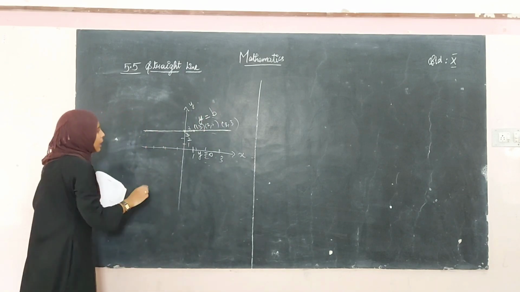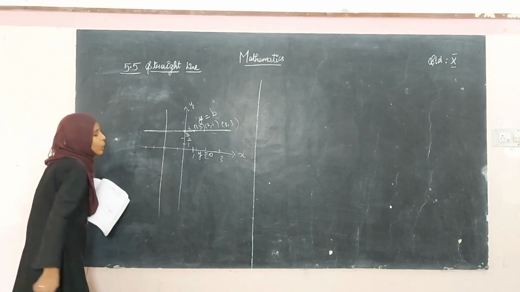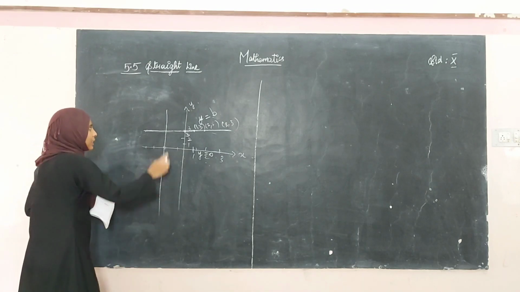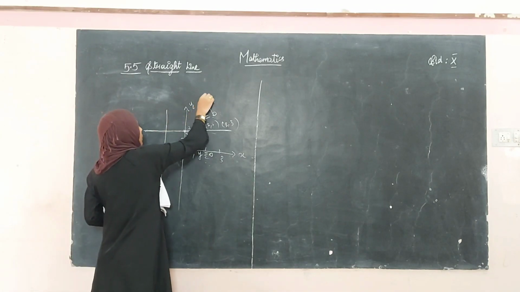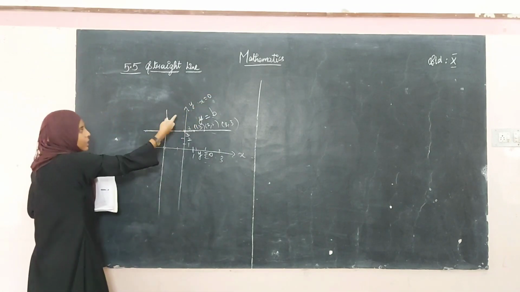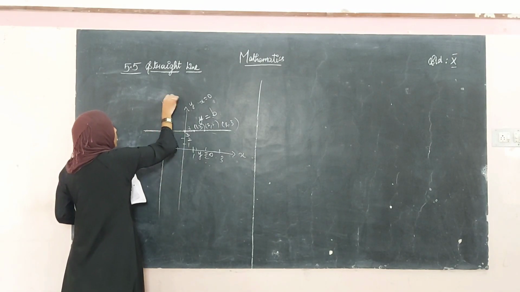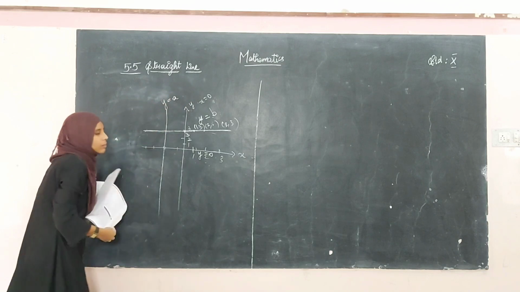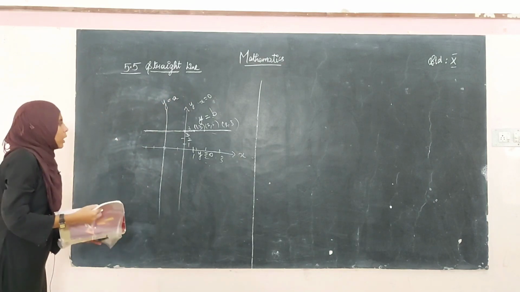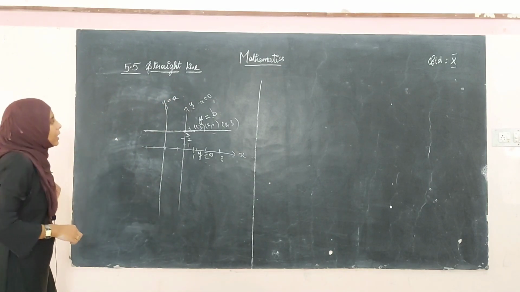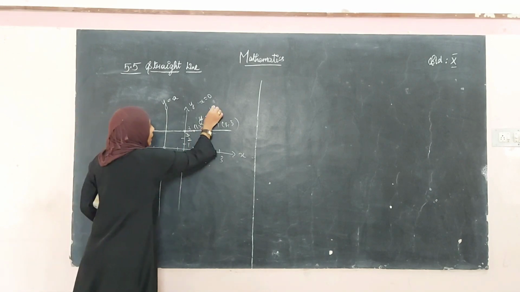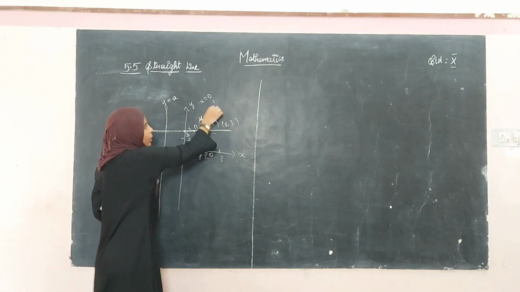சரியா? Similarly, if the line is parallel to the y axis, we know the y-axis equation is x is equal to 0. Similarly, if the line is parallel to the y-axis, then the equation of this line will be x equal to a. Okay, so consider here, இந்த ஈக்குவேஷன்ல இந்த b ஓட வேல்யூ இருக்கு இல்லையா?